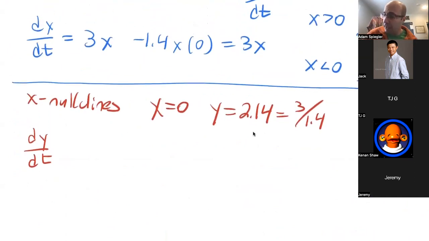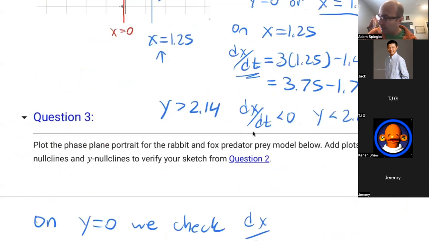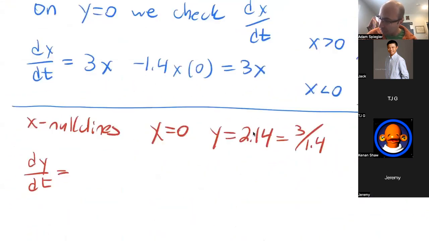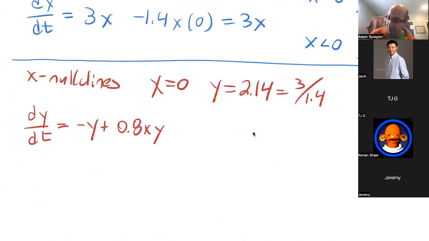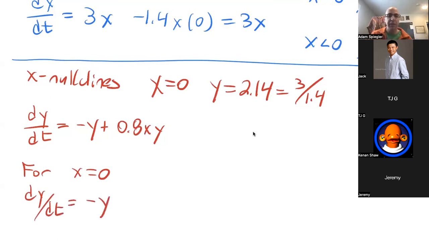Now we check the signs of dy/dt, which was minus y plus 0.8xy, using each of these conditions. For x equals 0, that simplifies to minus y.